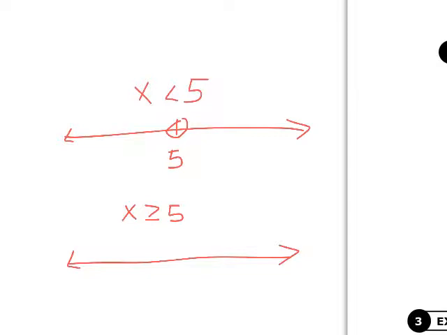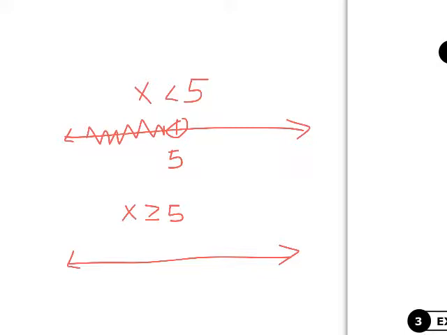That's why we place the open dot there. I'm allowed to take the value of 4.9999999, but I'm not allowed to take the value of 5. That's what the open dot represents. And then lesser values are back this way.